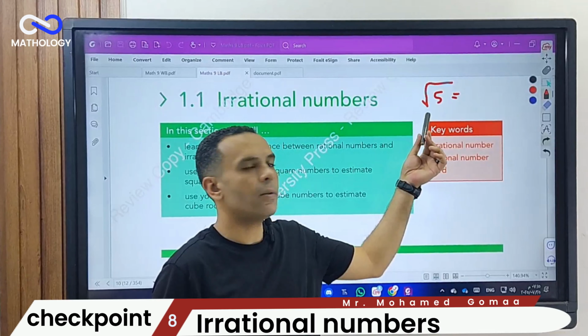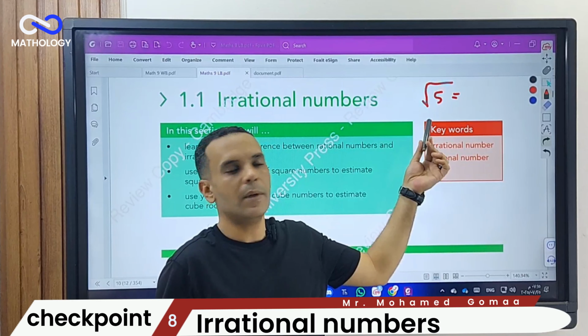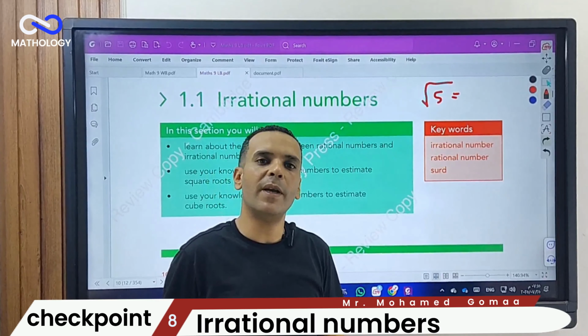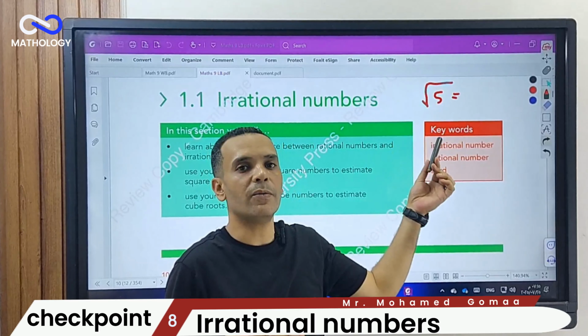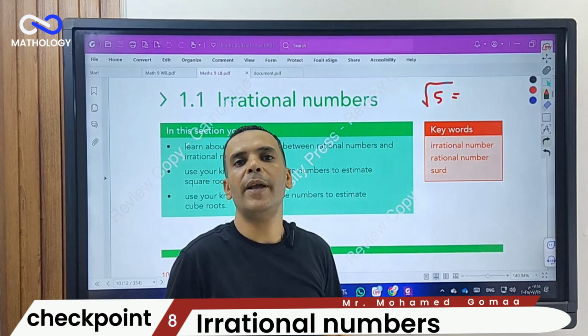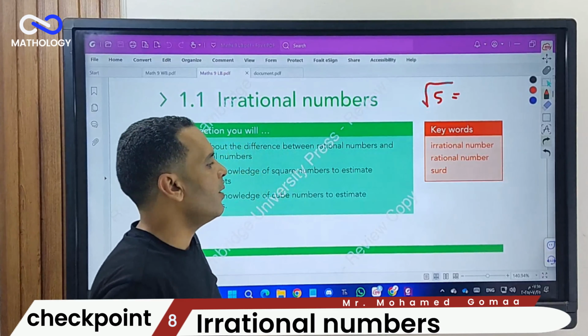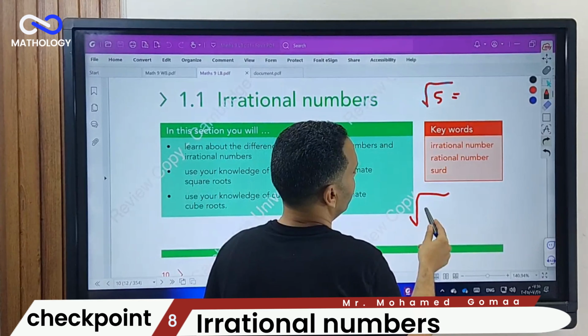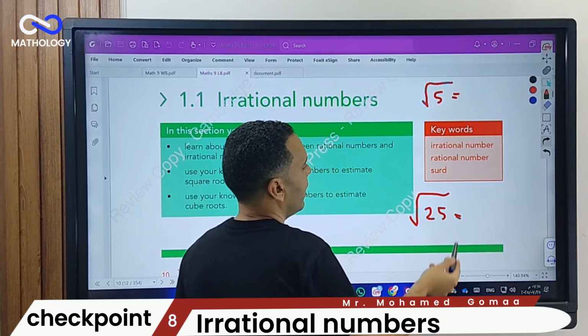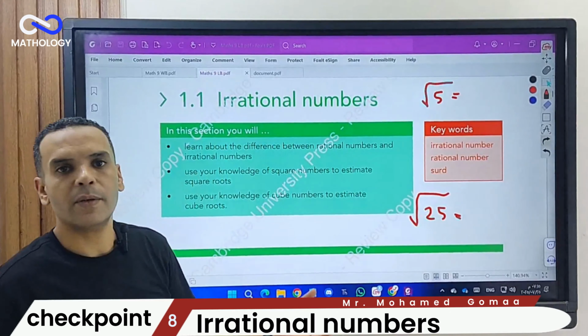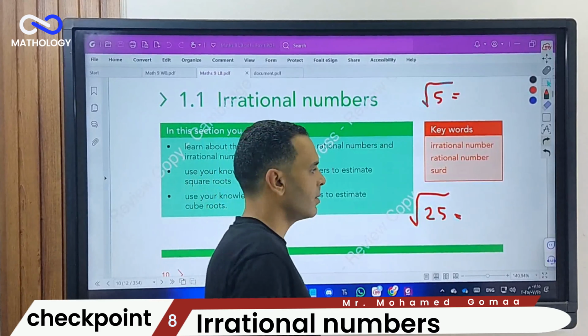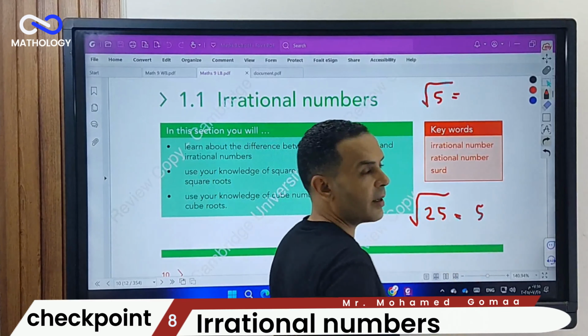But if you don't find a number multiplied by itself that equals 5, this number, the square root of 5, is called an irrational number. Like if I ask you about the square root of 25, is there an answer? Yes, it equals 5 or negative 5.